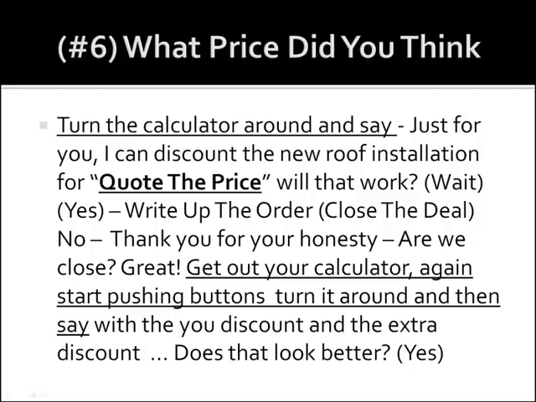And if they say yes, write up the order, close the deal. If he comes back with a no, say thank you for your honesty. Are we getting close? Great. Get out your calculator again, start pushing the buttons and clicking all the buttons, turn it around again and say, with your discount, the extra bonus discount, does this look better? If he says yes, you get the deal.